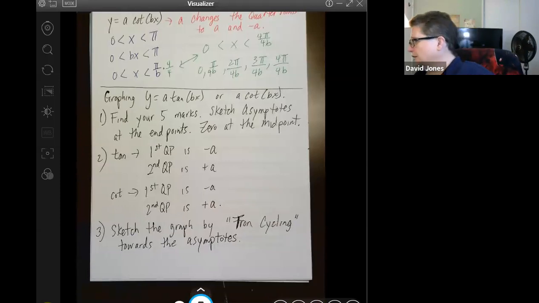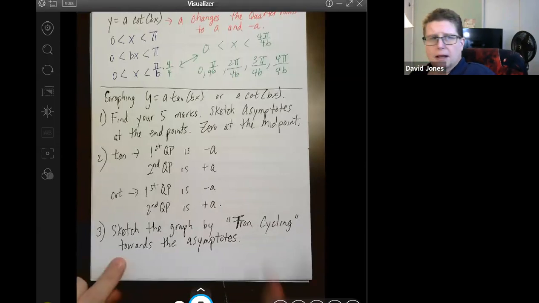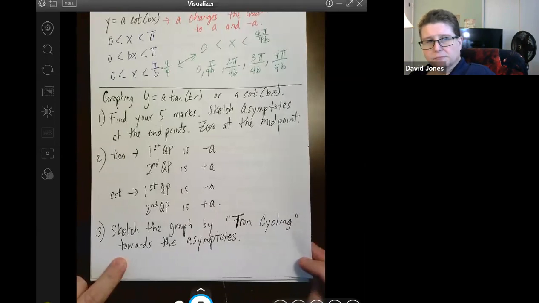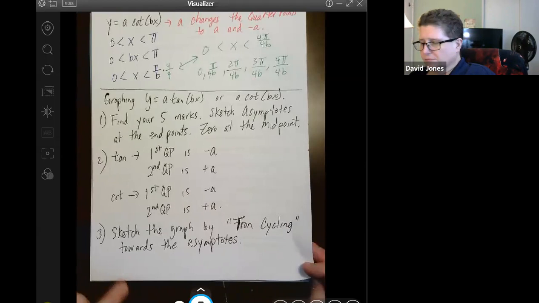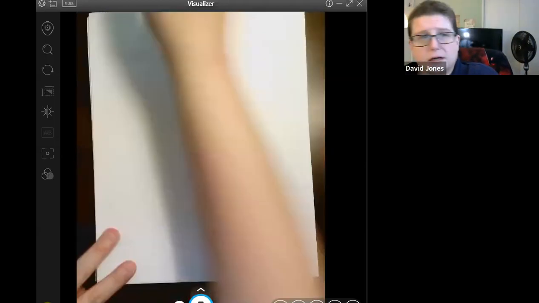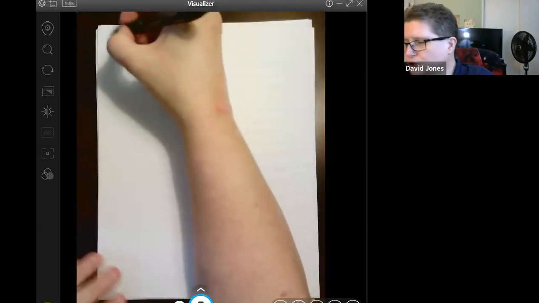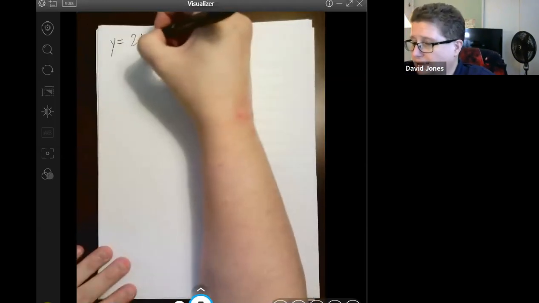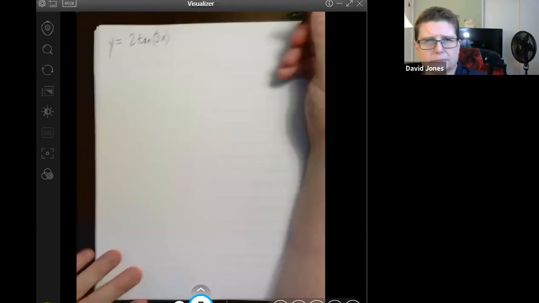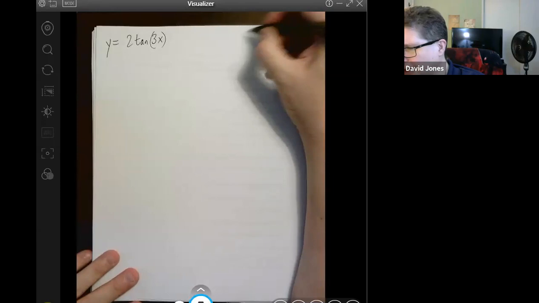So let's take a look at doing some. Pause that if you need it up longer. So let's take a look at y equals 2 tangent of 3x. First, we need to identify a and b.